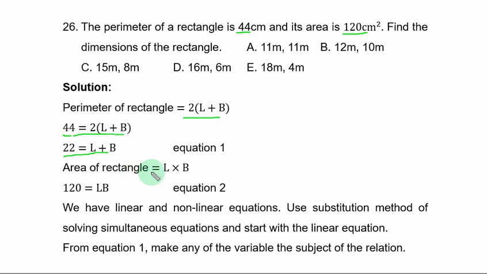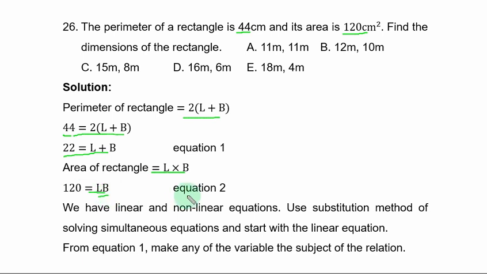The area of a rectangle is this. The area is 120 square centimeters, equal to LB. You call that equation 2. Now, equation 2 is non-linear, and as such, we have linear and non-linear equations.